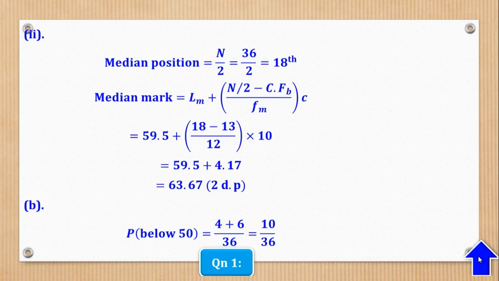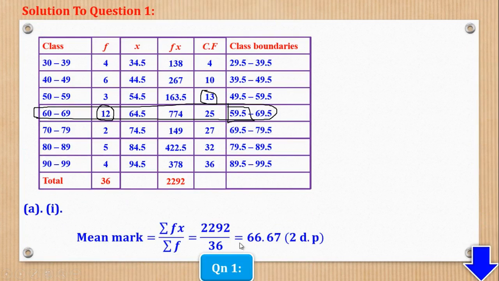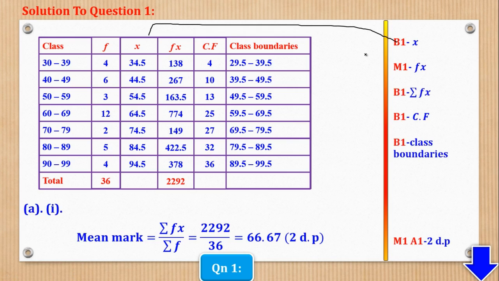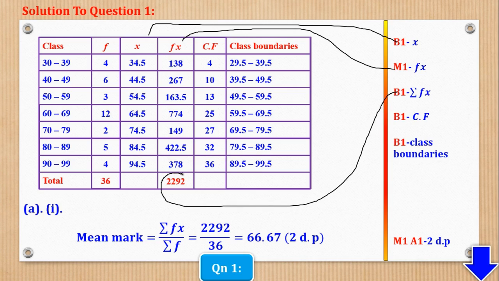Now let's see how marks can be awarded. B1 is for you to generate the column for X, and another M1 for generating the values of Fx, B1 for you to sum up all those values of Fx, then B1 for you to generate the column of CF, and B1 for you to generate the column of class boundaries.